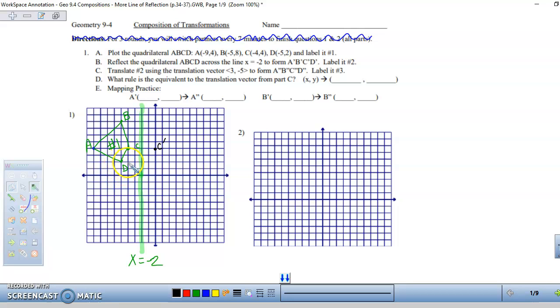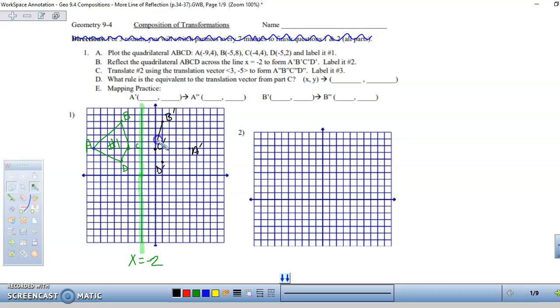Okay, D is 1, 2, 3 squares away, so you go 1, 2, 3, and then there is D prime. A is 1, 2, 3, 4, 5, 6, 7 squares. So you go 1, 2, 3, 4, 5, 6, 7 squares is A prime. And then B is 1, 2, 3, and then you go 1, 2, 3, and B prime.